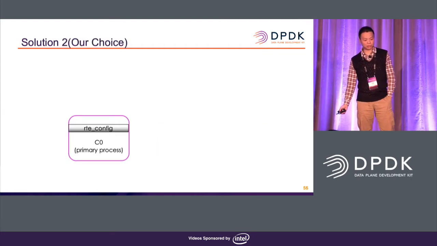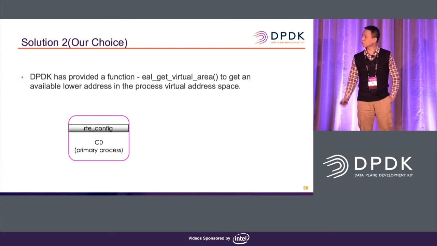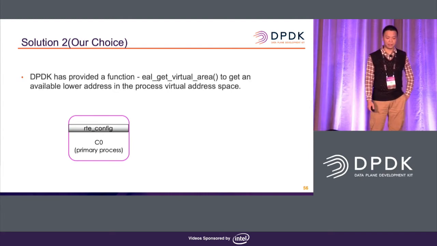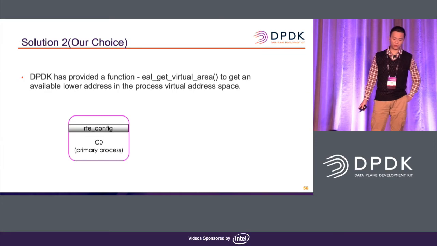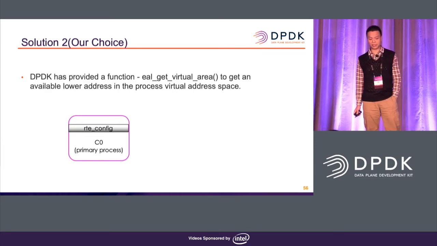And the second solution is our choice. DPDK has provided a function named eal_get_virtual_area to get an available lower address in the process virtual address space.